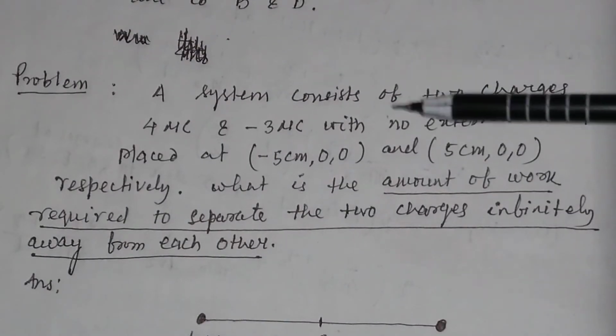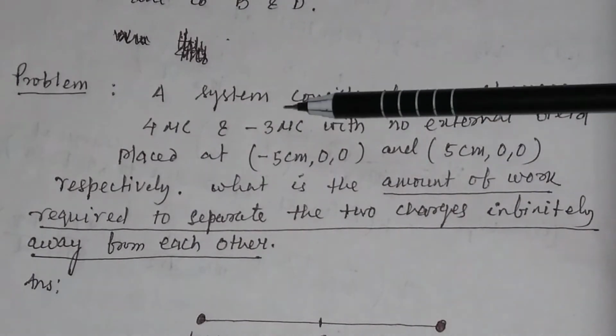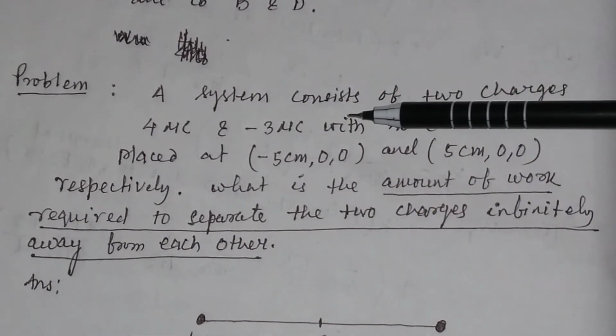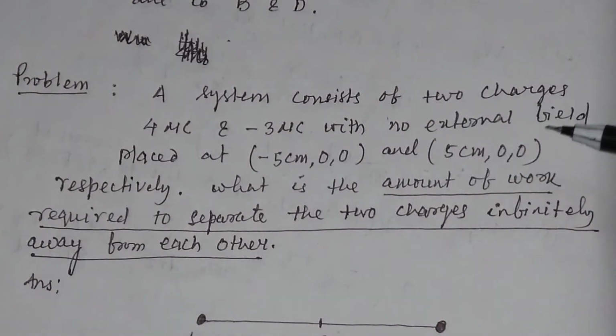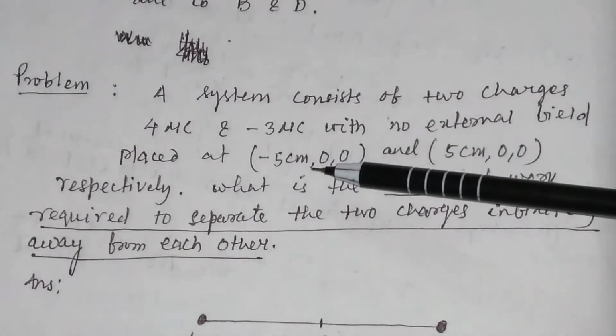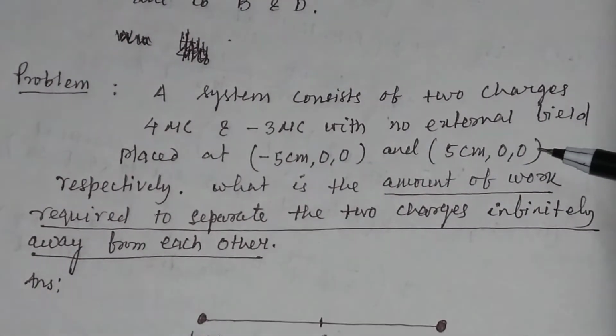Next problem: a system consists of two charges, 4 microcoulomb and minus 3 microcoulomb, with no external field, placed at minus 5, 0, 0 and plus 5, 0, 0.